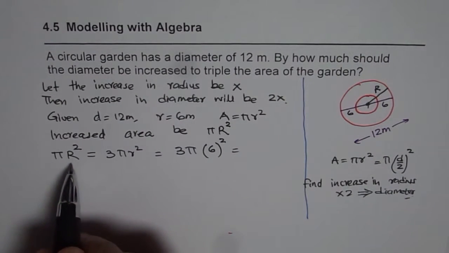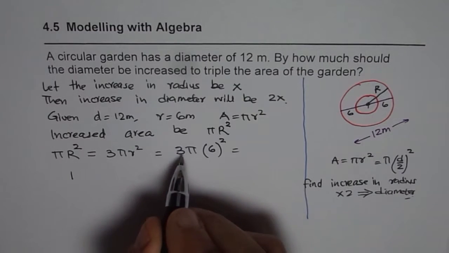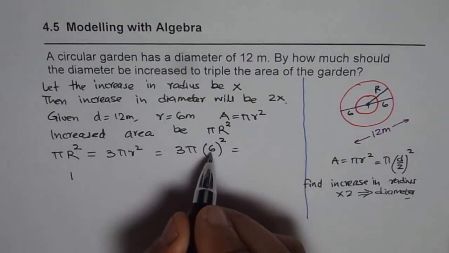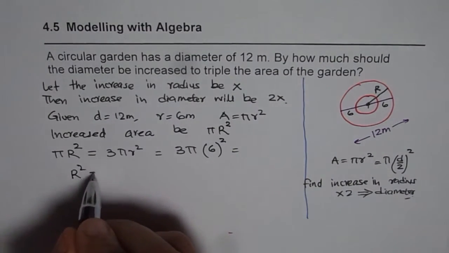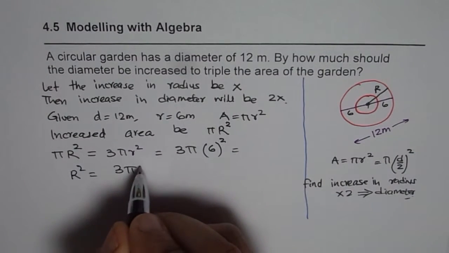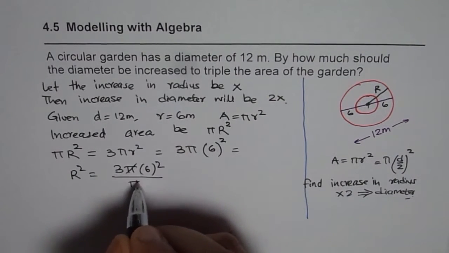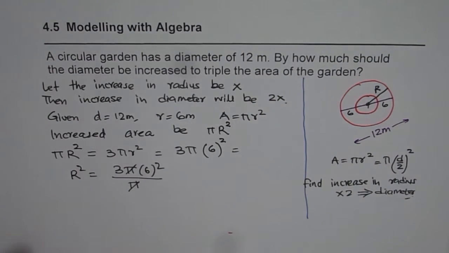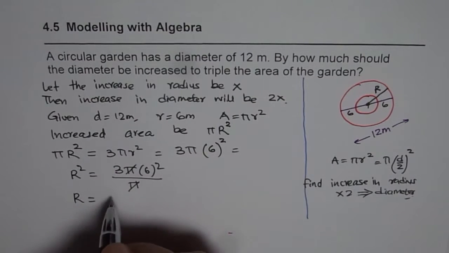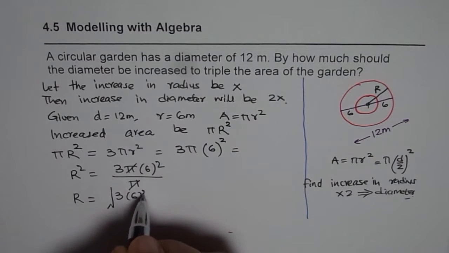Now we are interested in finding the bigger radius R, right? So the bigger radius R square will be, we can divide this by pi, right? So we get 3 pi 6 square divided by pi. Now pi and pi cancel. So what is capital R? Capital R will be the square root of this, which is 3 times 6 square, right?